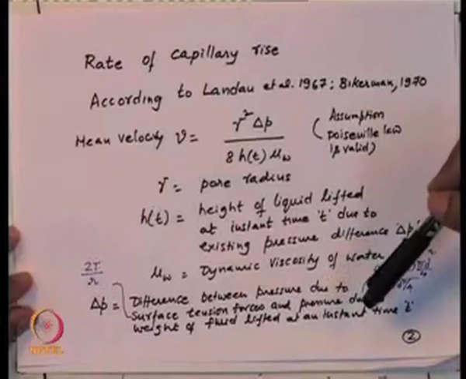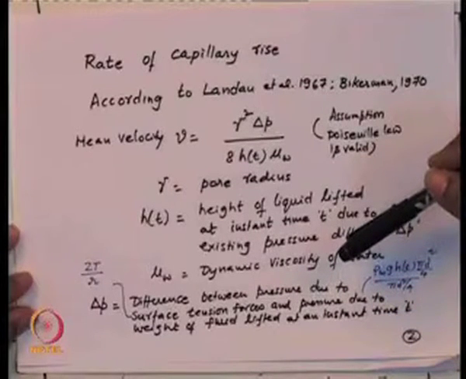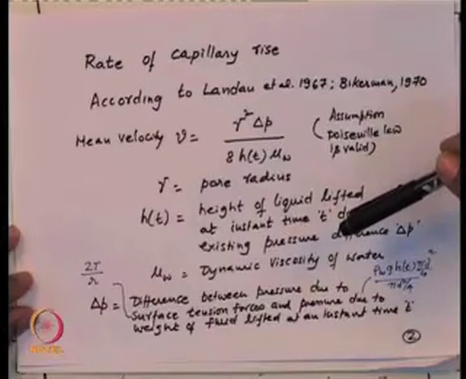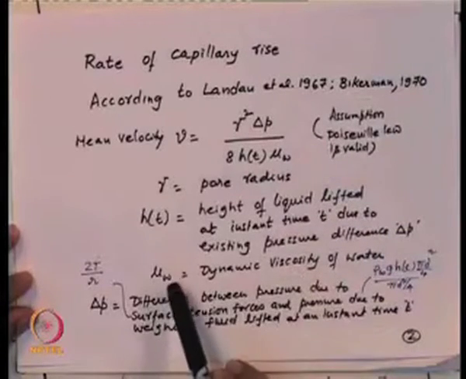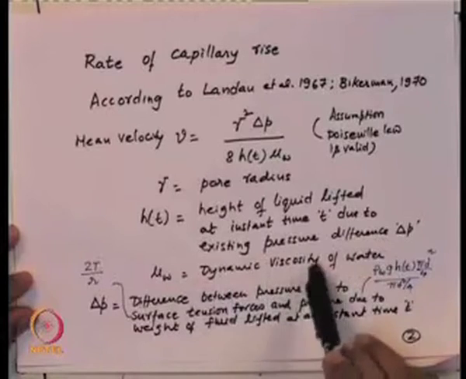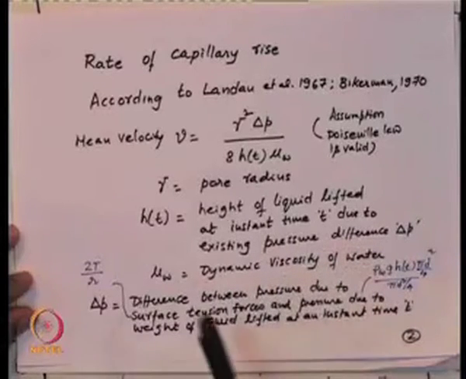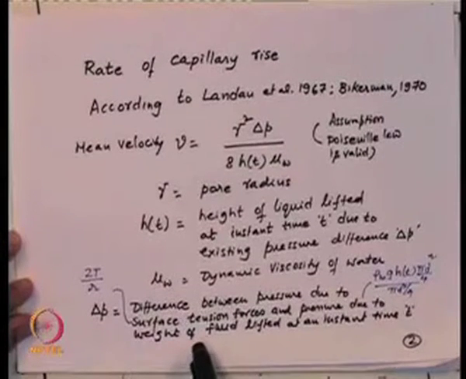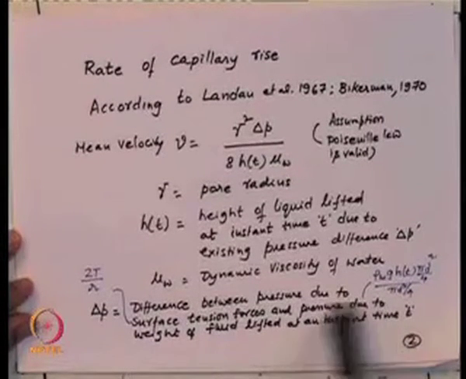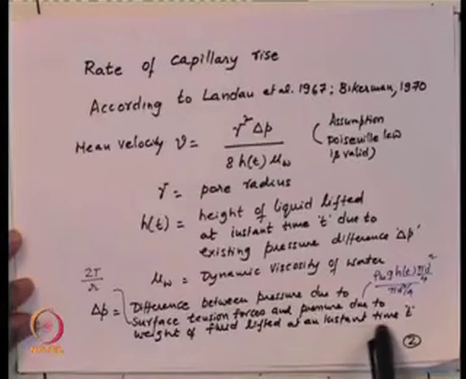ΔP is the difference between the surface tension pressure and the weight pressure. The weight pressure is the weight of the column of water being lifted against gravity. μw is the dynamic viscosity of the water or fluid. So ΔP is the difference between the pressure due to surface tension forces and the pressure due to the weight of the fluid lifted at any instant of time.